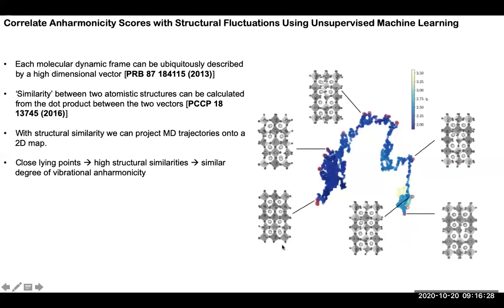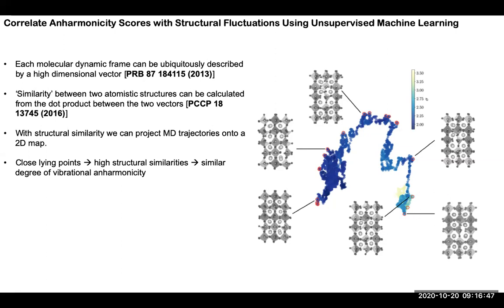And as you can see, if we color code each point with its anharmonicity score, you can see that some of these structures have very low anharmonicity scores, whereas the other ones have quite high anharmonicity scores.